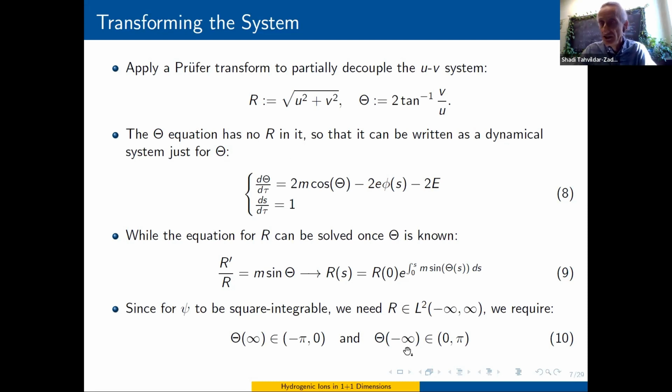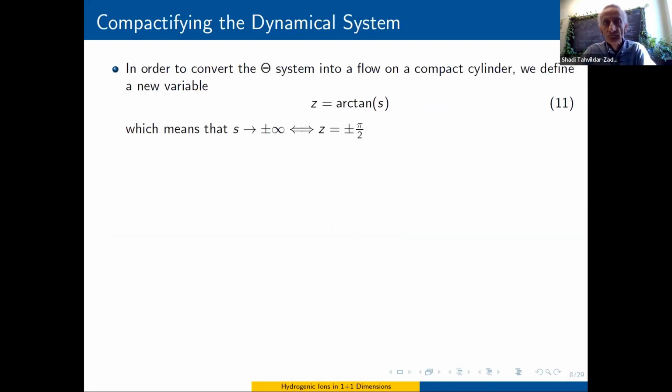So now the question is, what does that mean geometrically, right? We can convert the theta equation into a flow on a compact cylinder. We can do that by another change of variable when we go from the S, which went from minus infinity to infinity, to the Z variable, which is arctangent of that.